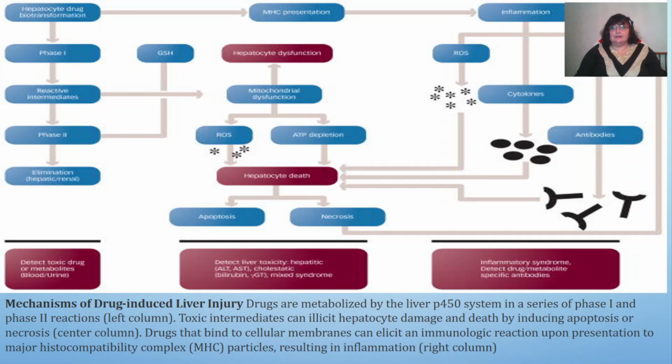You see in the left column. Toxic intermediates can elicit hepatocyte damage and death by inducing apoptosis or necrosis. It's the center column. Drugs that bind to cellular membranes can elicit an immunological reaction upon presentation to major histocompatibility complex particles, resulting in inflammation. You can see the right column.